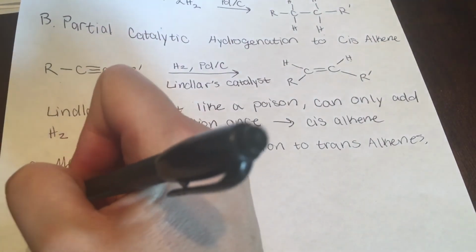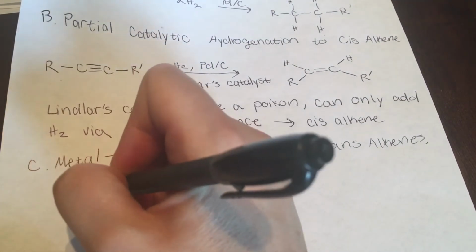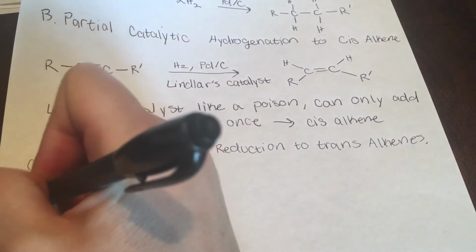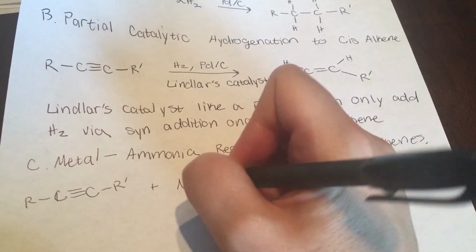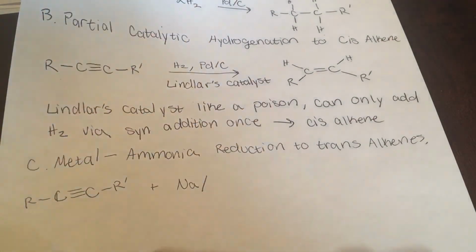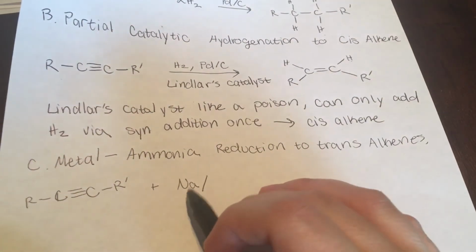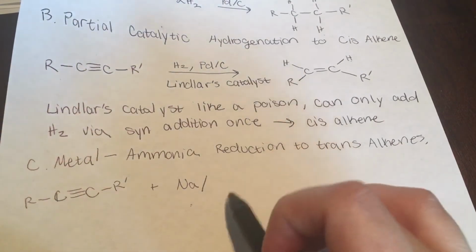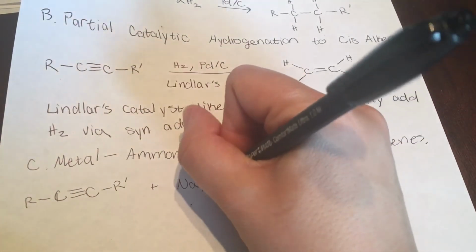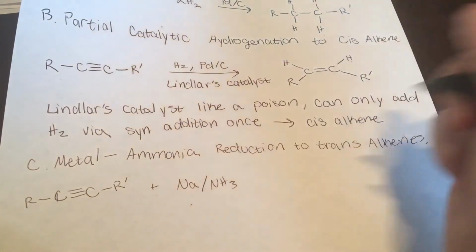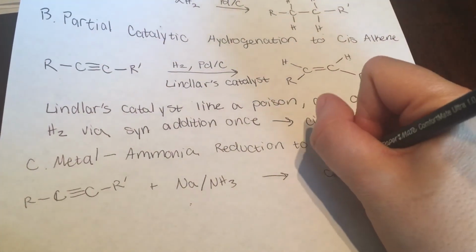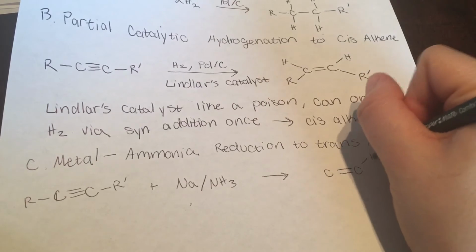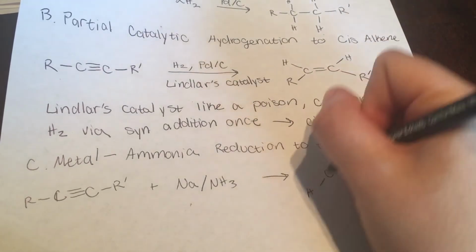So what that would look like if we start off with our generic reaction is if we were to react this, it's using sodium metal, okay? So that's sodium metal, not a sodium ion. Sodium metal with ammonia, and that is going to give us a trans double bond.